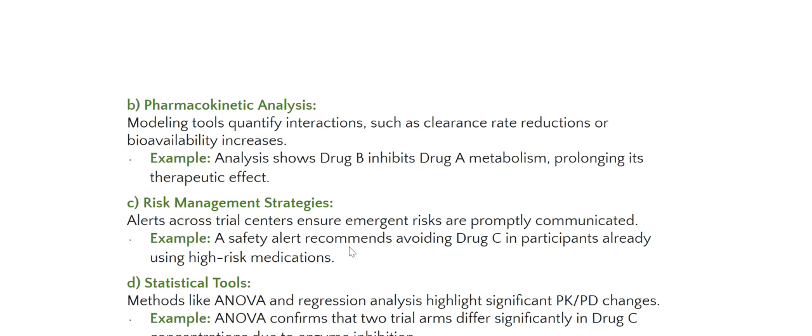As for example, a safety alert recommends avoiding drug C in participants already using high-risk medications. Statistical tools: methods like ANOVA and regression analysis highlight significant PK/PD changes. As for example, ANOVA confirms that two trial arms differ significantly in drug C concentrations due to enzyme inhibition.